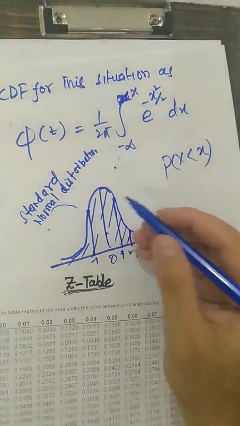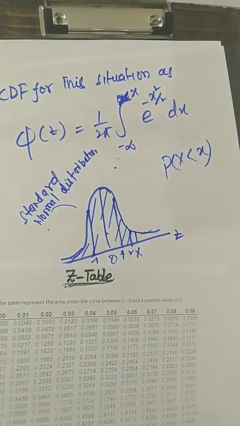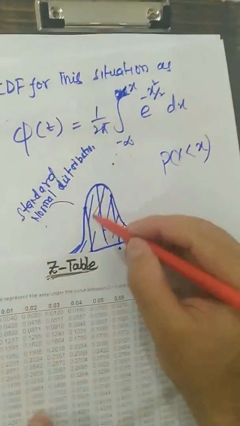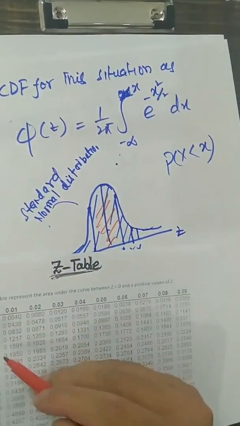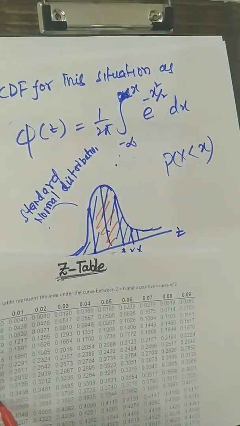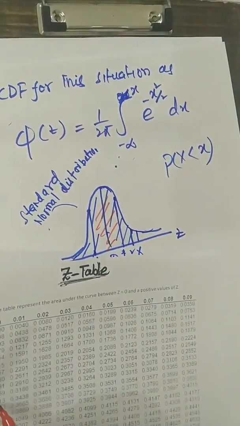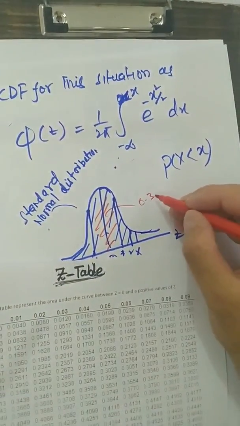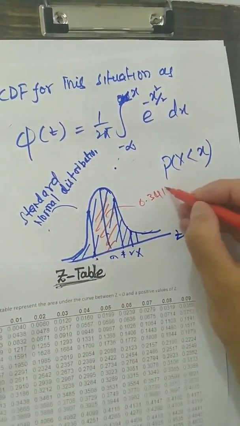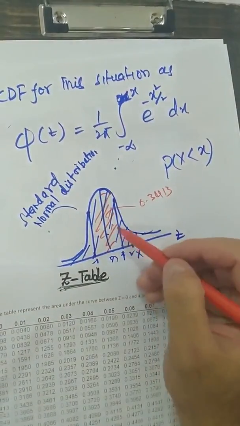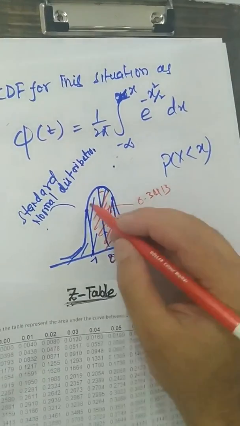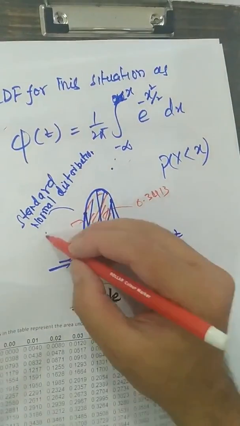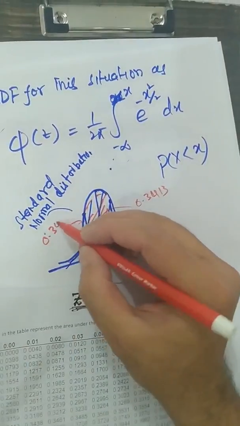So the total area under the curve would be 0.3413 on the right side of the mean, plus 0.3413 on the left side of the mean.